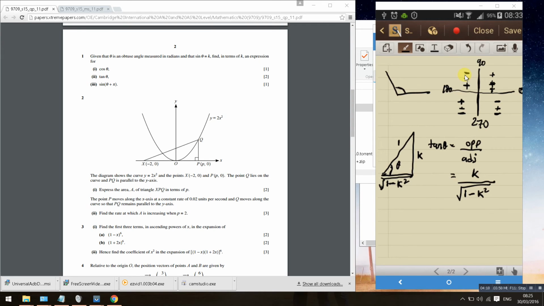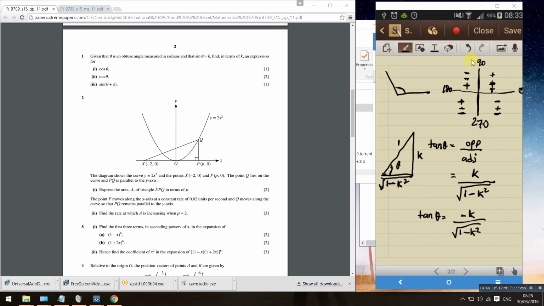Again this is not the final answer because we can see from the quadrant that when the angle is obtuse, the sign of tan will be negative as well. So that means the final answer will be that tan theta, if theta is obtuse, is minus k over square root of 1 minus k squared. And that's the final answer for that part.